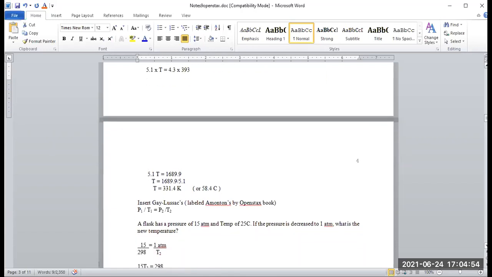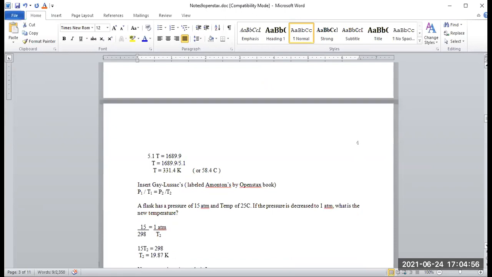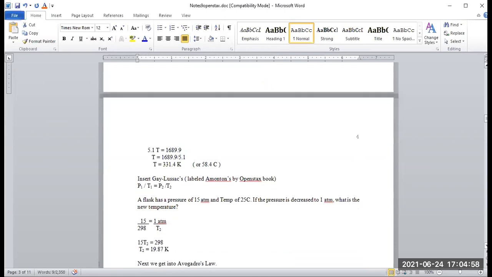Now, the next one, your textbook labels it something that I had never seen it called before. All the other textbooks that I've taught for in the past couple of decades refer to the pressure and temperature relationship as Gay-Lussac's, named after some dead French guy.